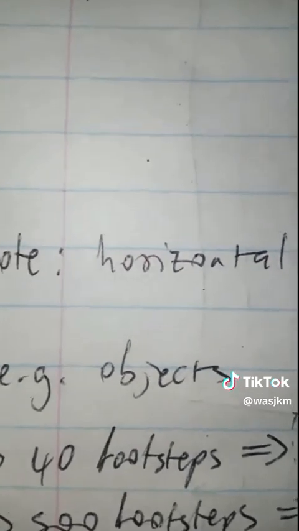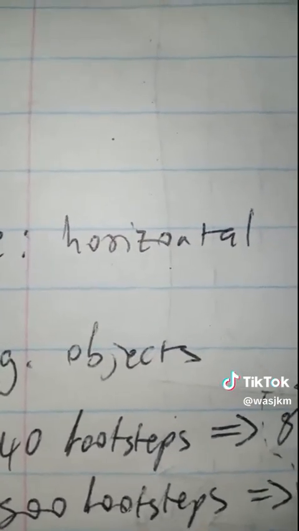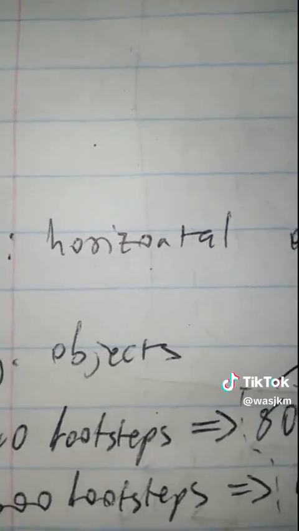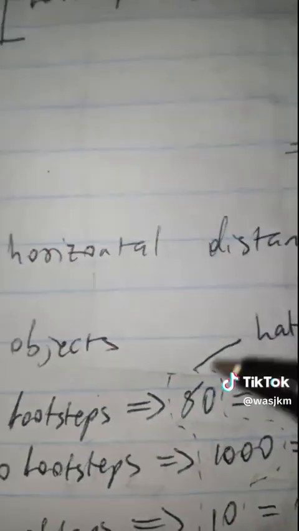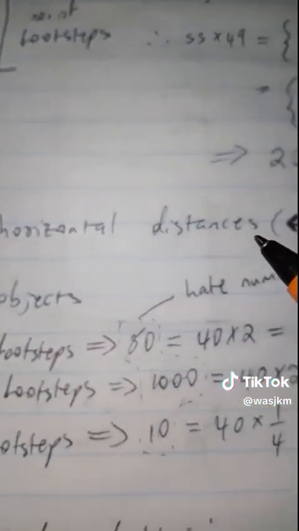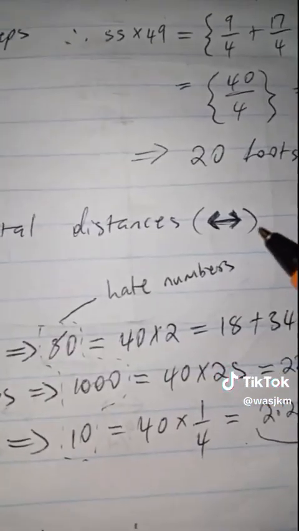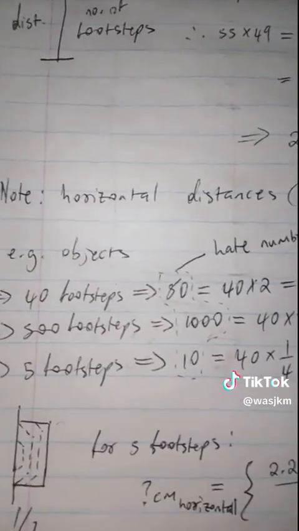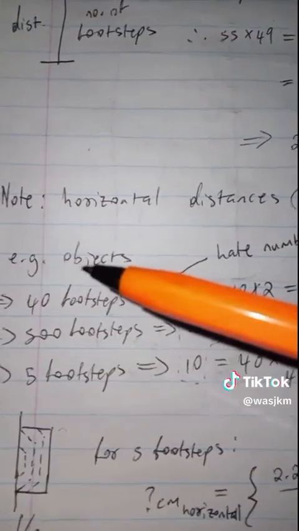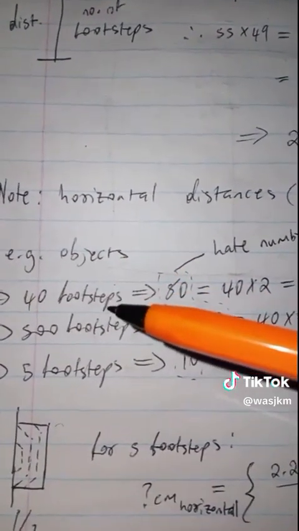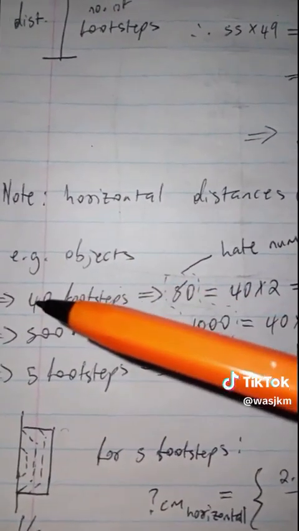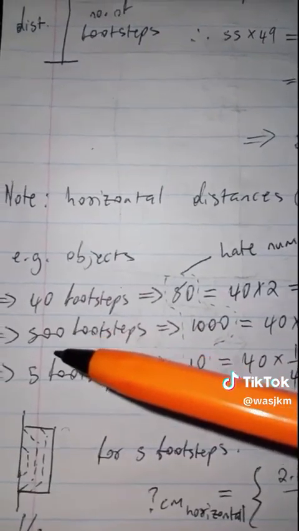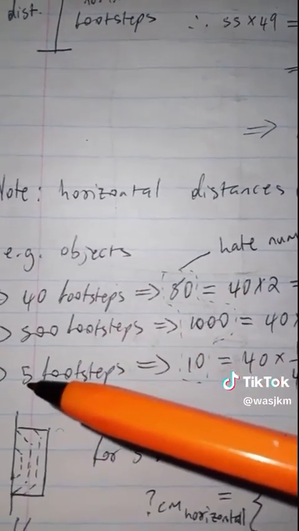And note that in this part, we are going to deal with the horizontal distance measurements. Let's take as examples footstep distances of 40, 500, and 5.